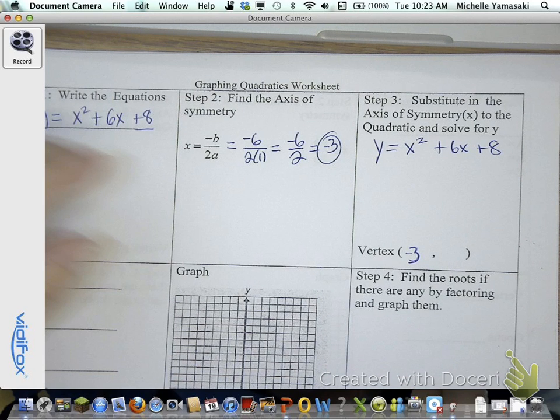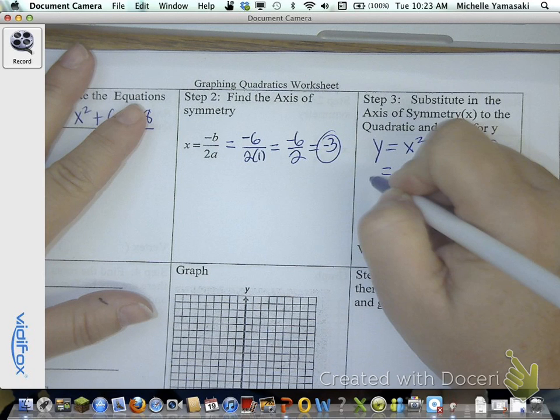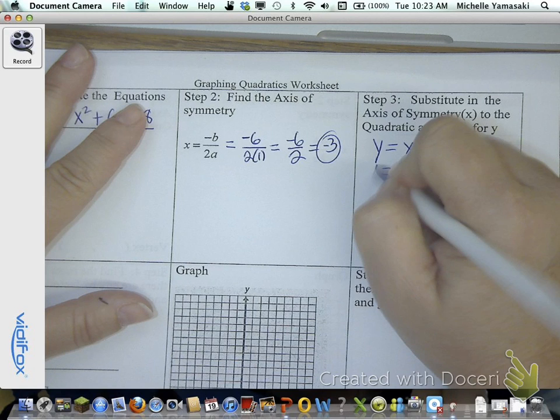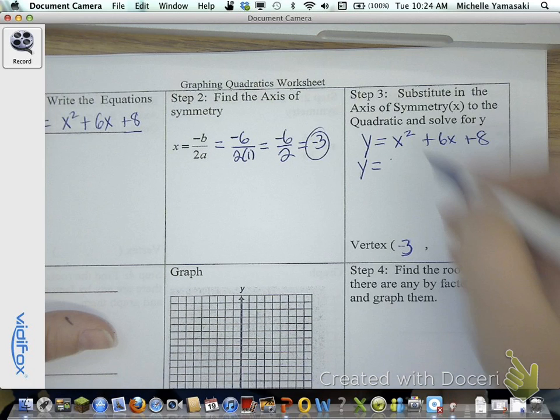Okay, and so I'm going to get negative 3 squared plus 6 times negative 3 plus 8. And y is equal to, what does that simplify to?